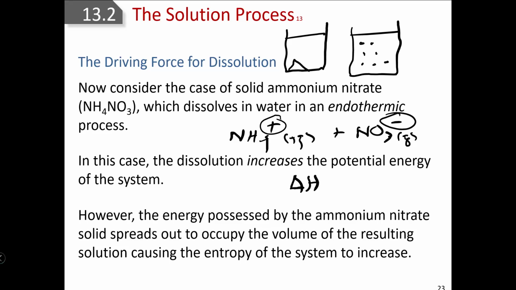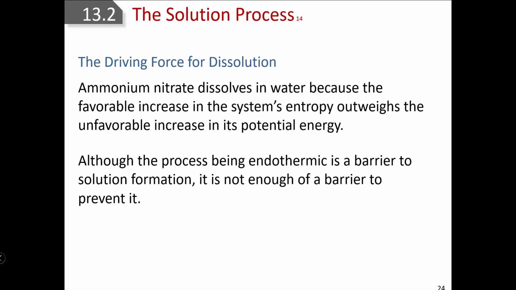The delta H for this process is positive in value. It's an endothermic process. But the entropy is so great, it makes up for this endothermic process. And that's what they're getting at in this slide and the next slide.